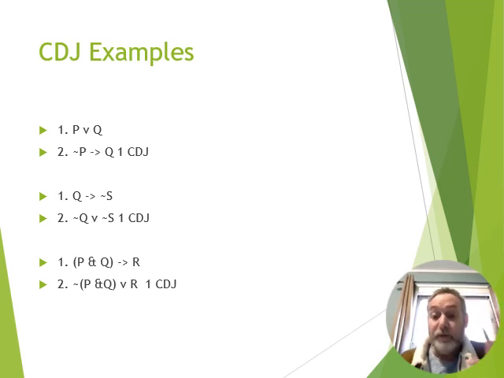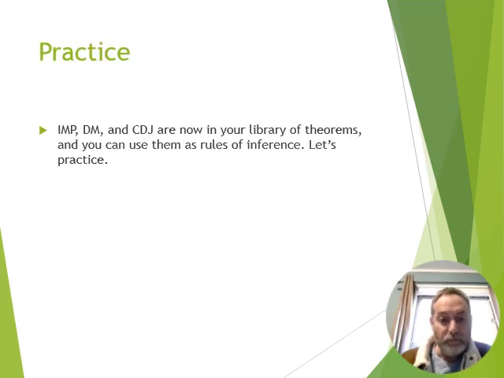I'll give you a couple theorems to prove on your own that are very simple, not as hard as these ones. And I'll give you a couple derivations where you'll need to use these derived rules to solve them. So let's practice that a little bit. Implication, De Morgan's, and conditional disjunction are now in your library of theorems. You can use them. Let's practice that.